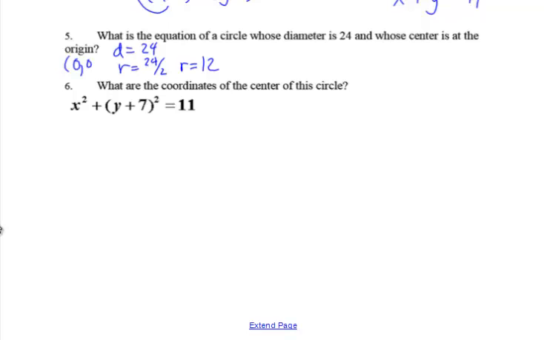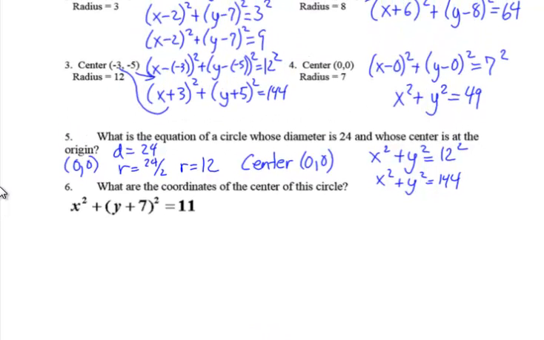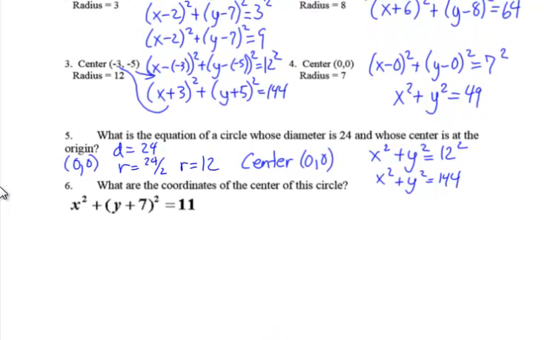The origin is the point 0, 0. So our center is going to be at the point 0, 0. So we're going to have x squared plus y squared equals 12 squared, or x squared plus y squared equals 144. Again, I just shortcutted that. And if you want to see the long way, look back at number 4.